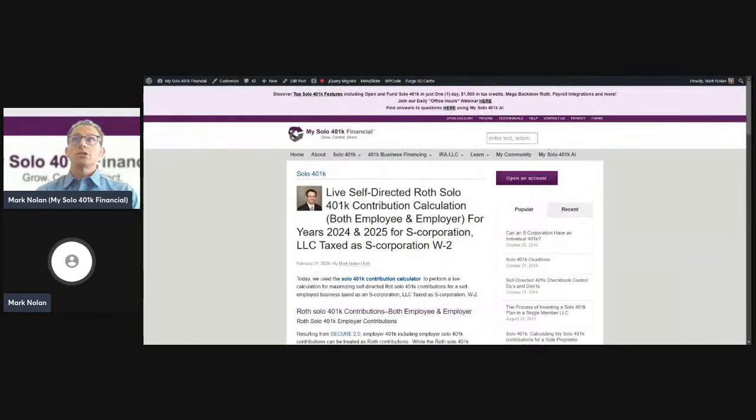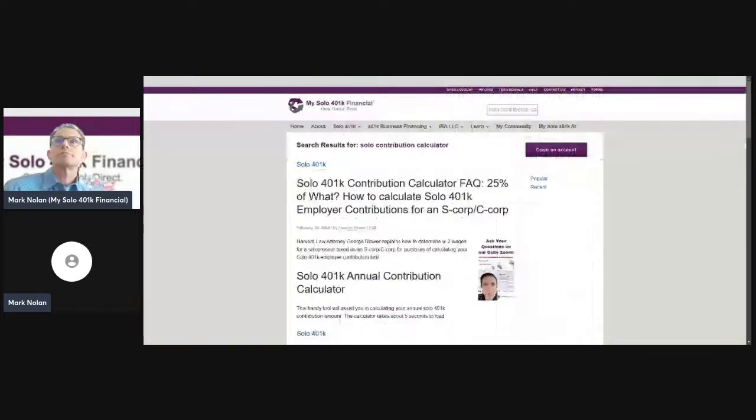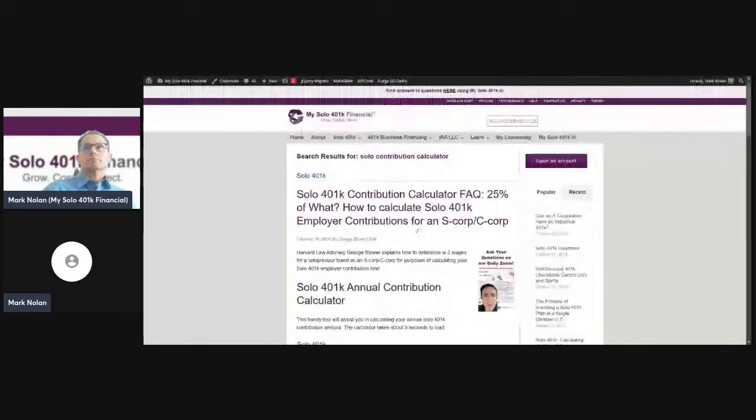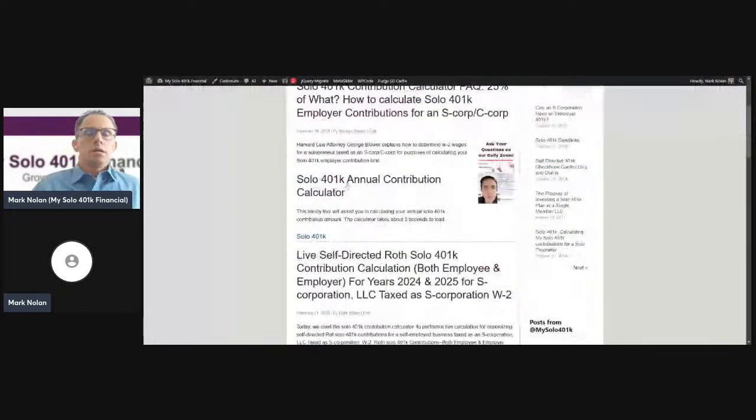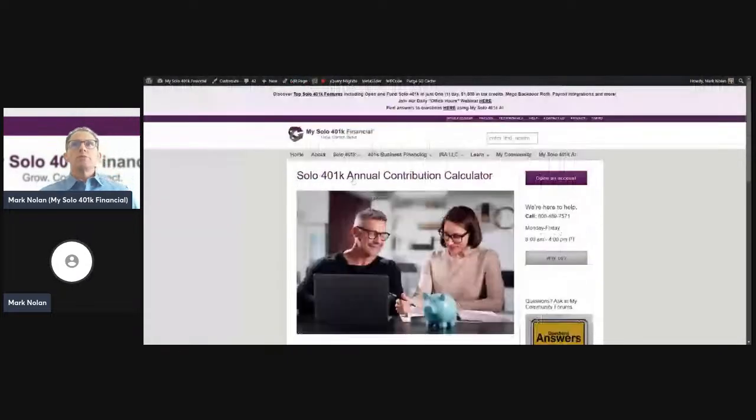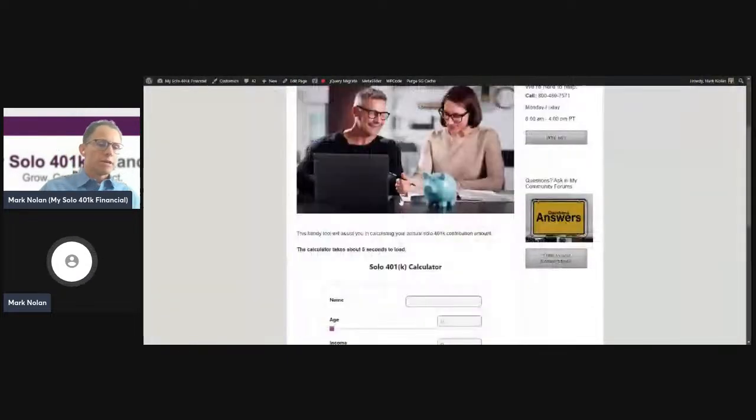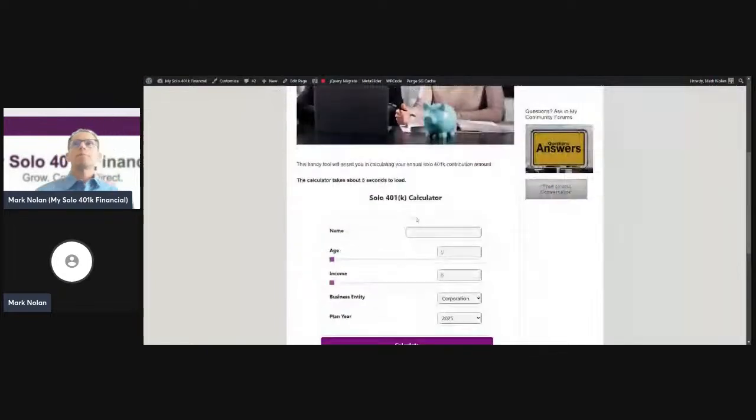I'm going to search our website for our handy solo 401k contribution calculator. Okay, here's our solo 401k annual contribution calculator. We're going to concentrate on tax year 2025.